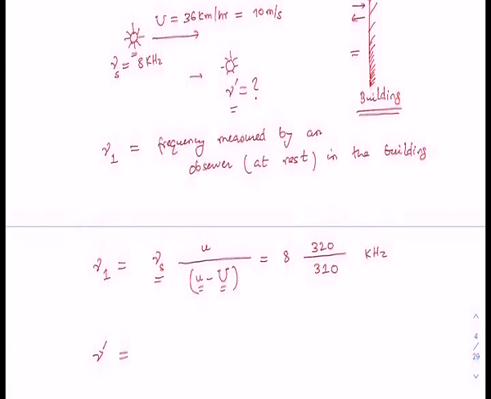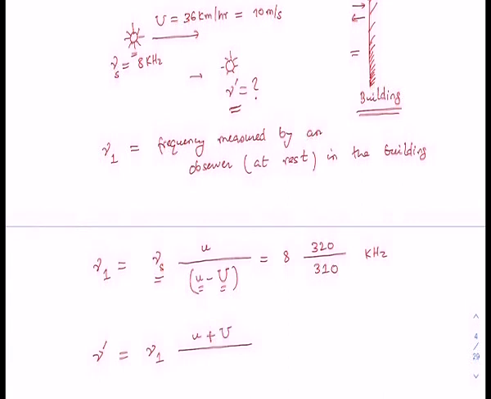So let us say nu dash is the frequency as measured by the observer. Our source frequency is here nu 1, and the velocity of sound as measured by this driver in the car, because the car is moving towards the observer now, would be u plus capital U, right?